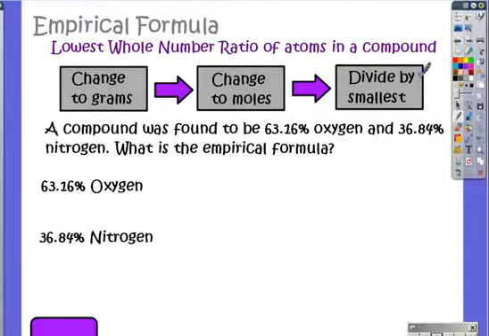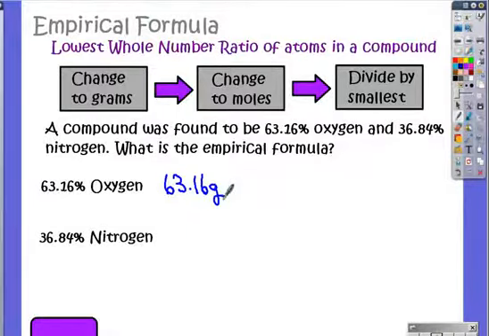So, how are we going to change things to grams? Well, because we're dealing with a percent, it doesn't really matter how much of the substance we start with. So it's recommended that we just start with a 100-gram sample. If I start with a 100-gram sample, then 63.16% of that sample is just going to be 63.16 grams.